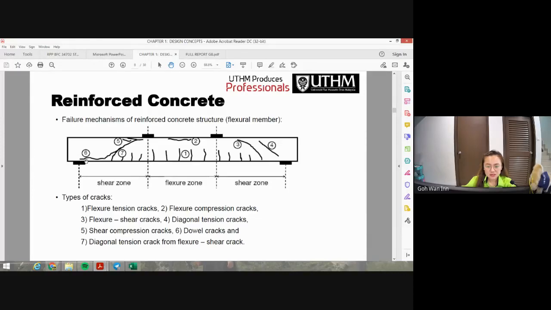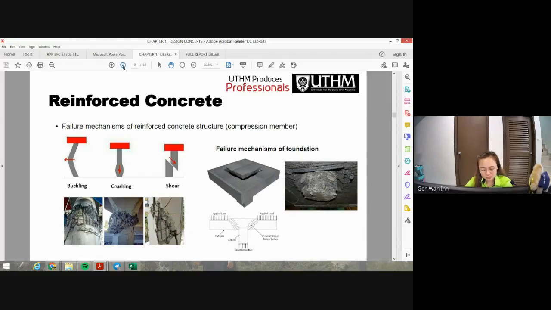Number 6 is the downward cracks, and number 7 is the diagonal tension cracks from the flexure, the shear cracks. So these are all the cracks here, and if you want to go through them deeply, you can. Or do you want an assignment about this? No, right? I won't give you an assignment, don't worry, not yet the time. You can study it by yourself.